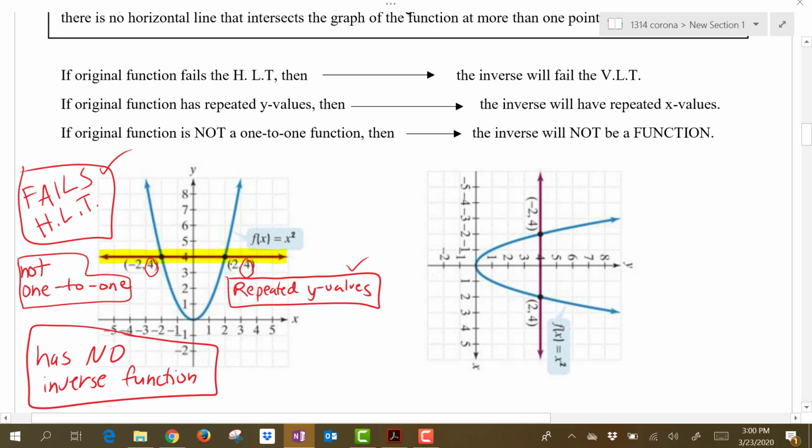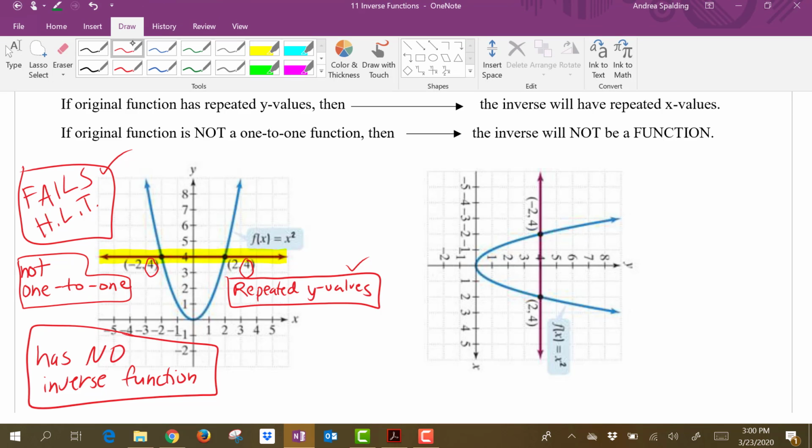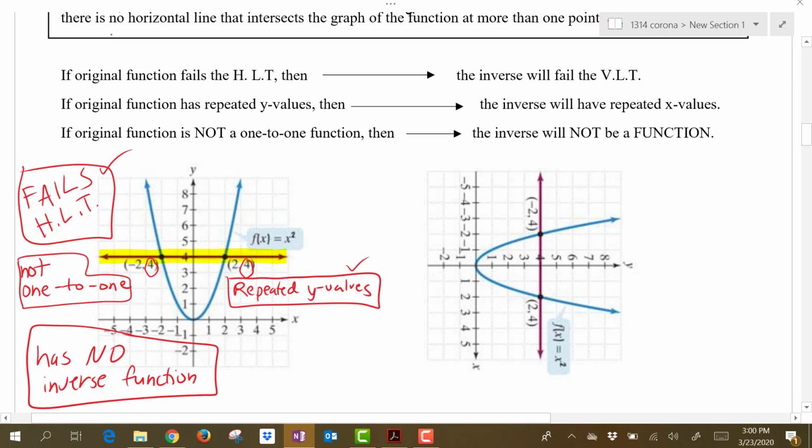Why does the function we see have no inverse function? Well, if you were to take those ordered pairs for function f, so let's say we had function f, we see two ordered pairs, we see -2, 4, and we see 2, 4. If you were to reverse those ordered pairs to create the f inverse list, it would be 4, -2 and 4, 2.